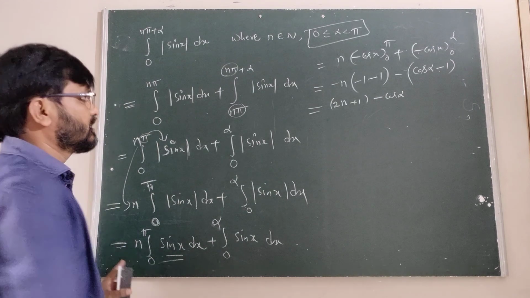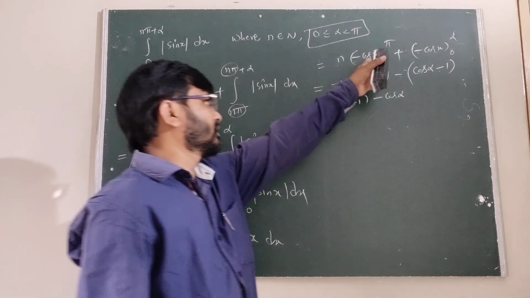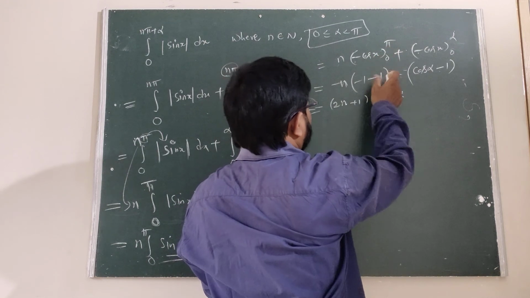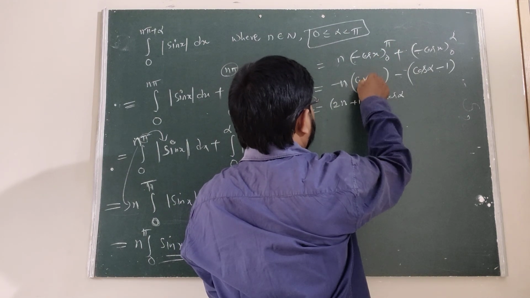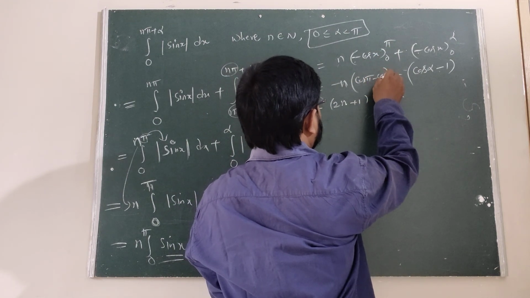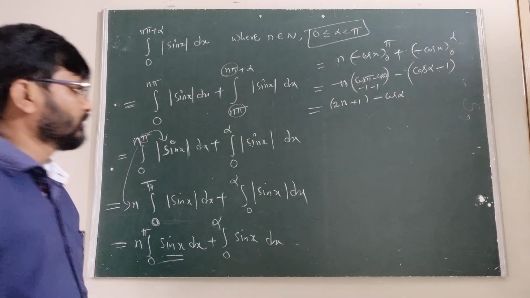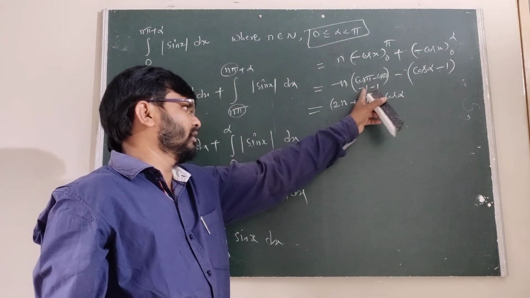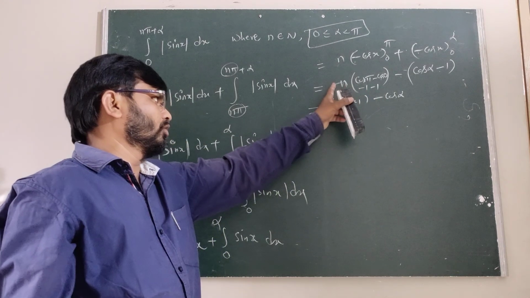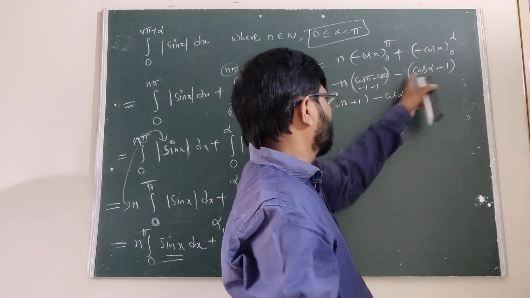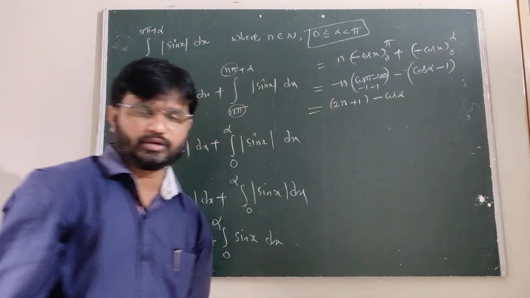Integral of sin x is minus cos x. We can write the minus at the beginning. We can write cos pi minus cos 0. Cos pi is minus 1, cos 0 is 1. Therefore this is minus 1 minus 1, which is minus 2. Therefore minus of minus, plus 2n. Similarly minus of minus, plus 1 minus cos alpha.